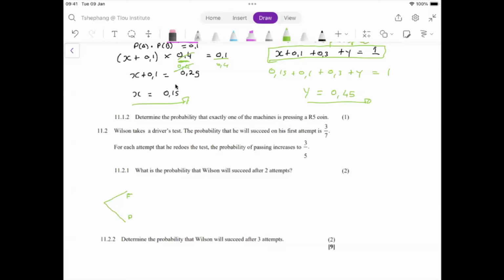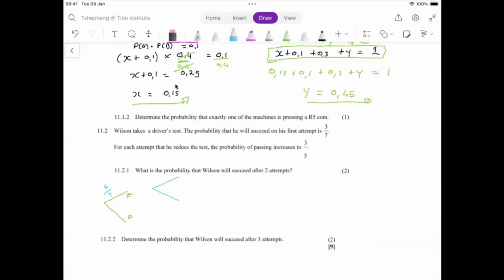So if the probability that he will succeed on his first attempt is 3/7, we know that the probability that he will fail is going to be how much? 4/7. Okay. Now, if he fails and he redoes it, we're going to have a branch there.